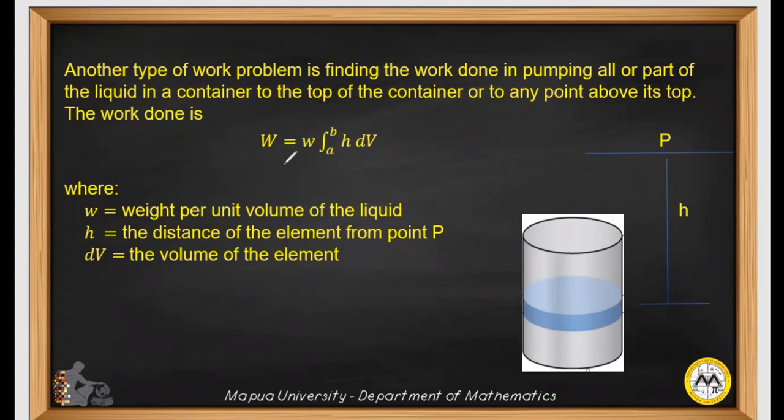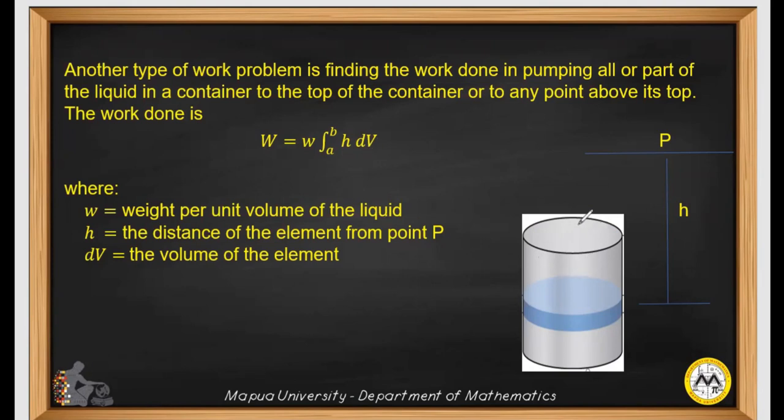And the work then is W, which is the weight per unit volume of the liquid or the density of the liquid, times H, which is the distance of the element from the point P, where P is the point where the water will be pumped to, and dV, the differential of V, is the volume of the element.